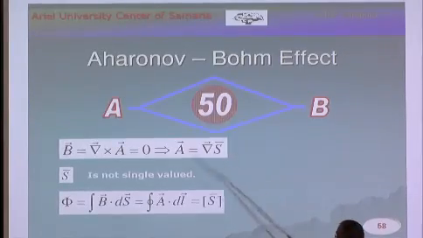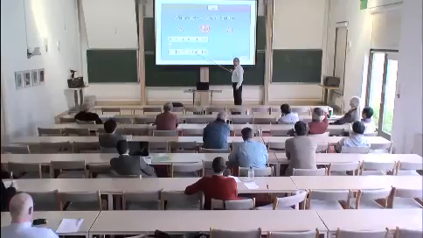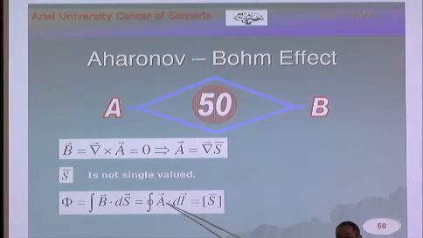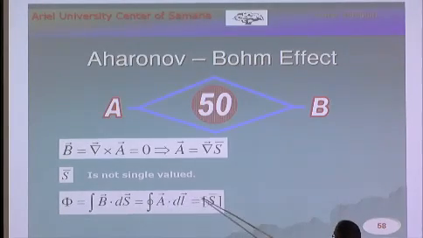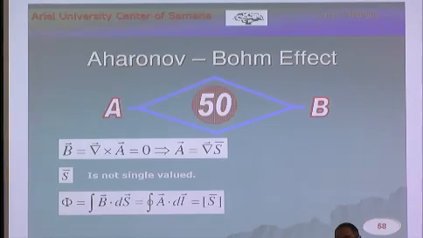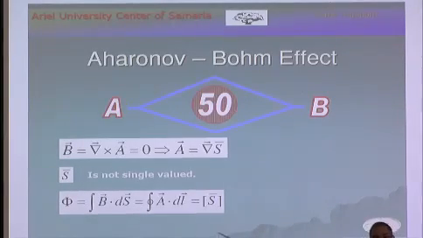But when you do this line integral, you are integrating in a region where there is no magnetic field. So you have a flux, and this flux must be equal to the discontinuity of S. Is this okay? We fly by the flux, you don't go inside. Yeah.